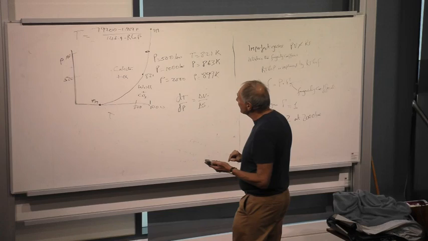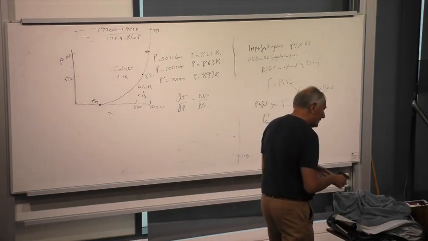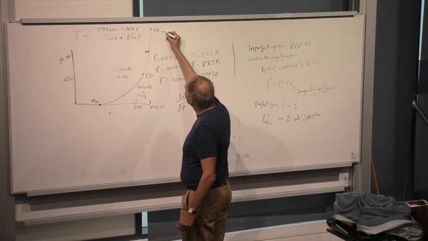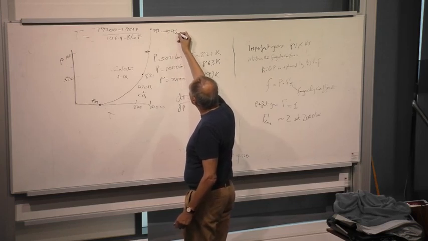It shifts it to 965. So that 899 becomes 965 K.